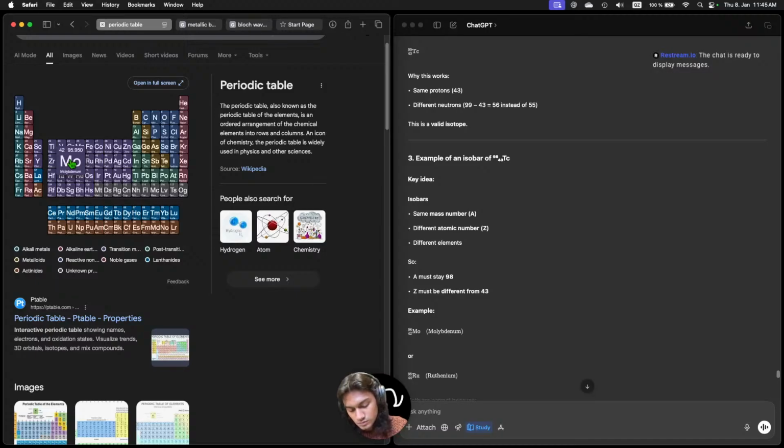So 42 is the number of protons. Now to get the same mass number, it's going to need to have more neutrons than usual, right? Yes.